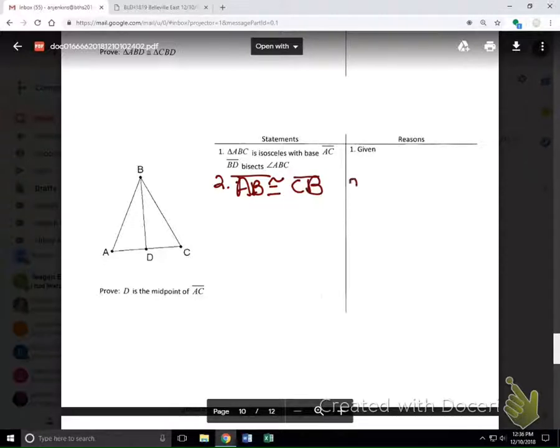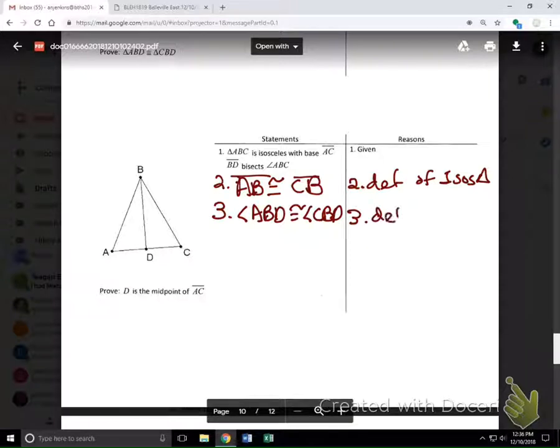And we know this by the definition of isosceles triangle. Step 3 is that angle ABD is congruent to angle CBD. And we know this by definition of angle bisector.